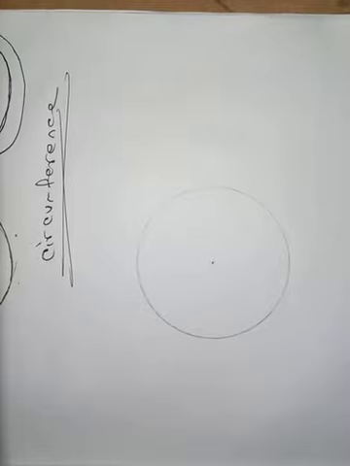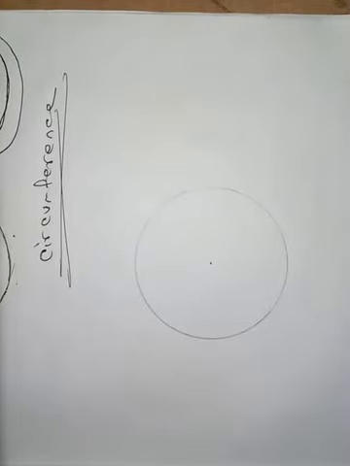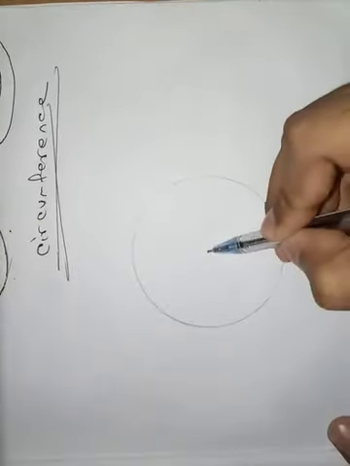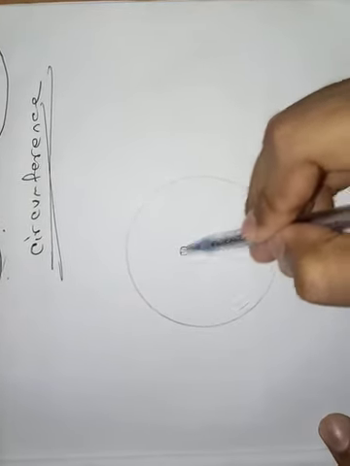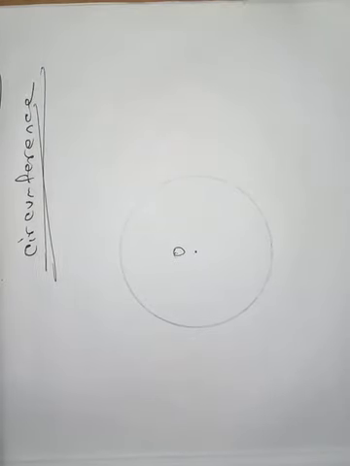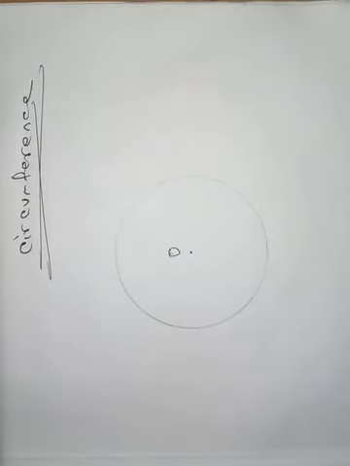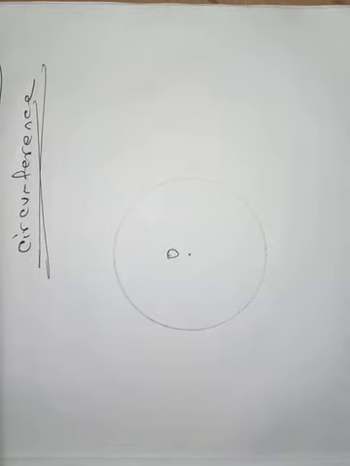This is our circle, and this fixed point we call the center. Let's name it O, and we have to take a chord in a way that is not a diameter. We can't take a diameter, but we can take a chord.